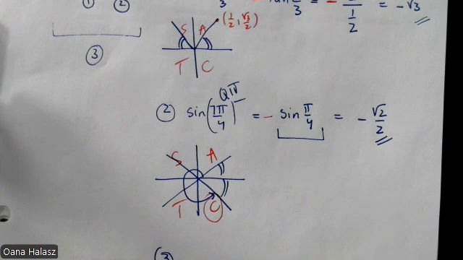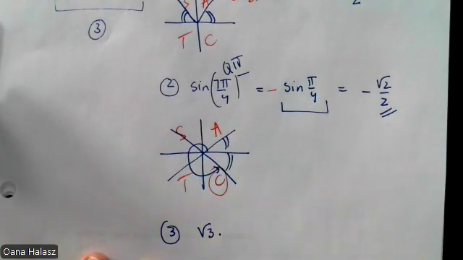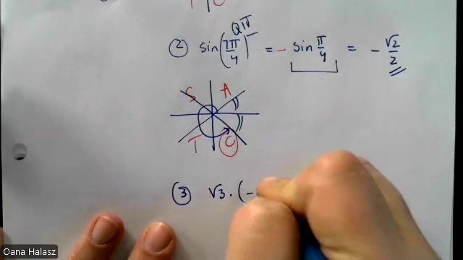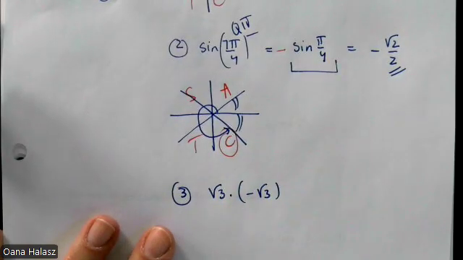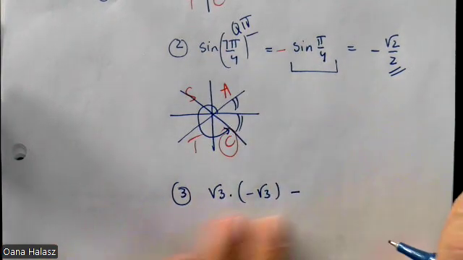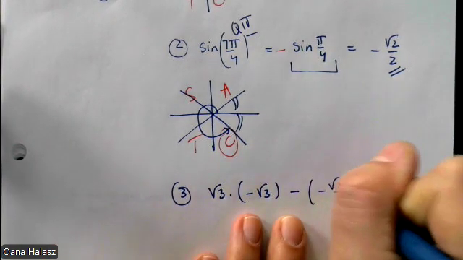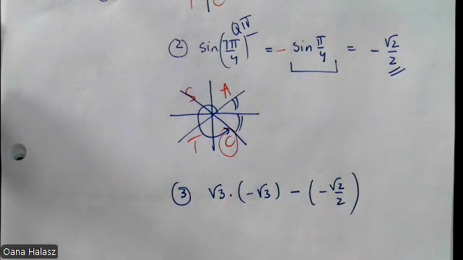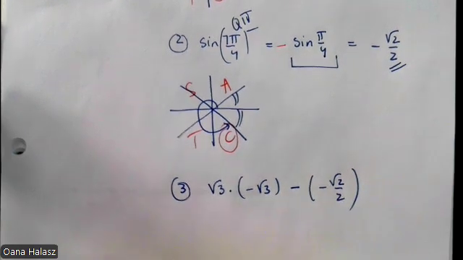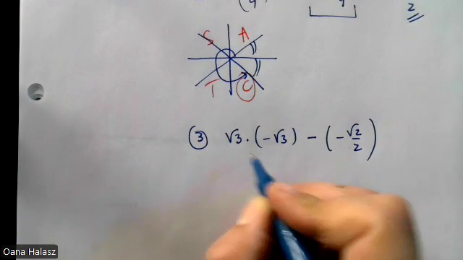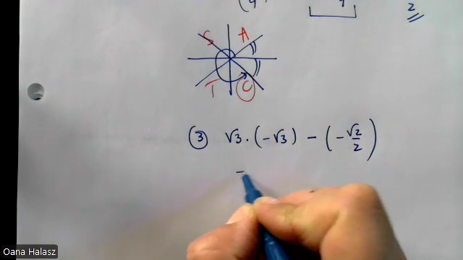And then lastly, for this question, we just put it all together. We say square root of 3 times the tangent of 2 pi over 3, which we found to be negative square root of 3, from step 1. And then minus negative root 2 over 2. Right? Yeah, this one will cancel out. Now the first multiplication here, you have a positive times a negative, which is a negative.